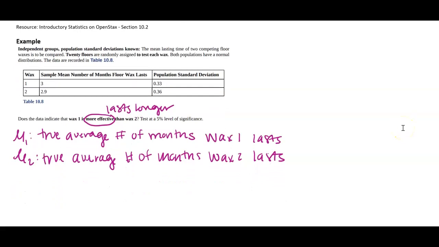And this question is asking for me to prove that mu1 is greater than mu2, that it's more effective, meaning it lasts longer. And so our null hypothesis is going to be the opposite sign.